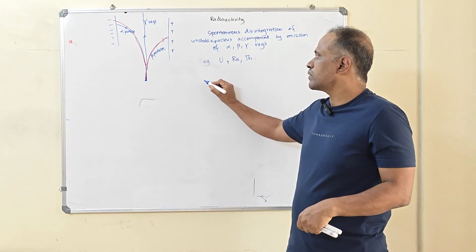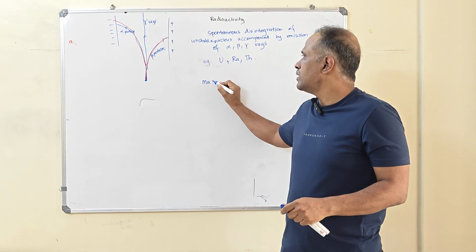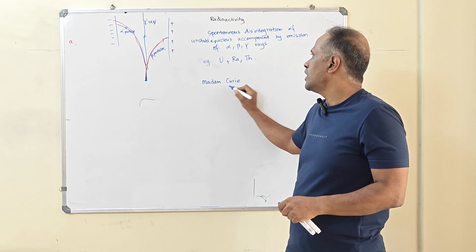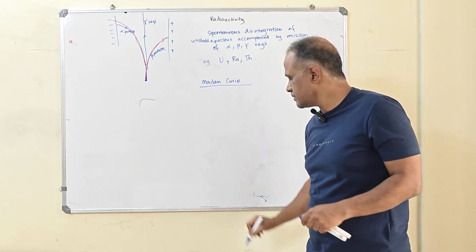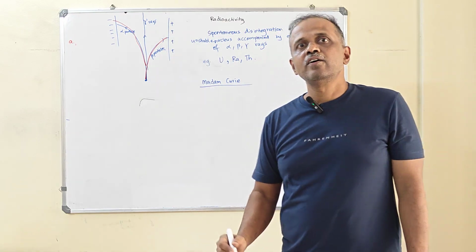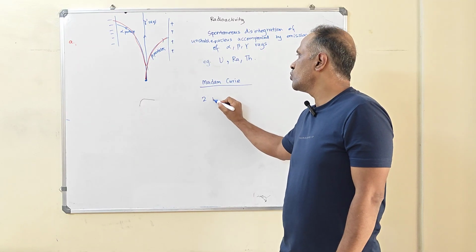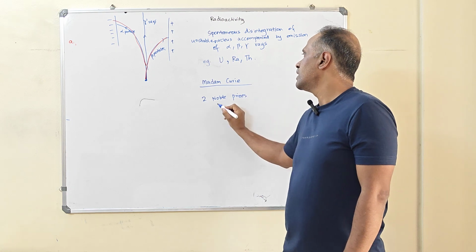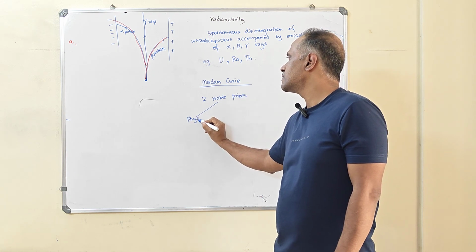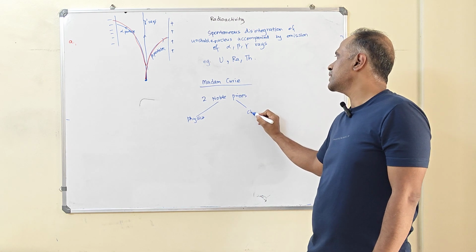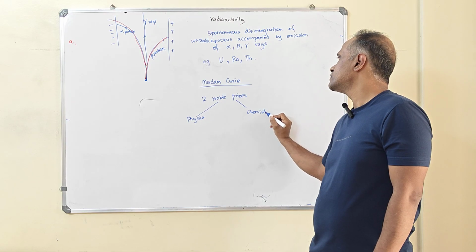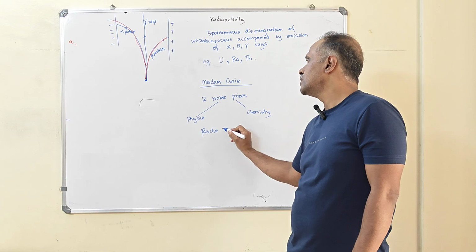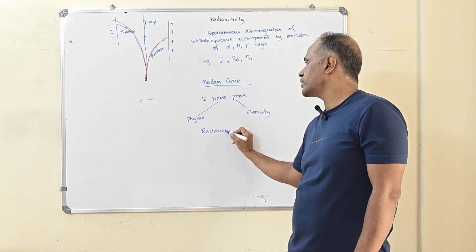Before going off, let us have a mention of Madame Curie. She was the first person to receive two Nobel Prizes, one in physics and the other in chemistry, and both prizes were given to her because of her contribution in the field of radioactivity.